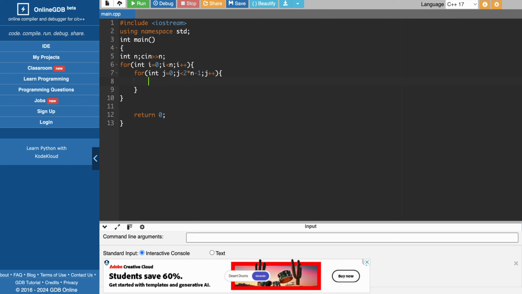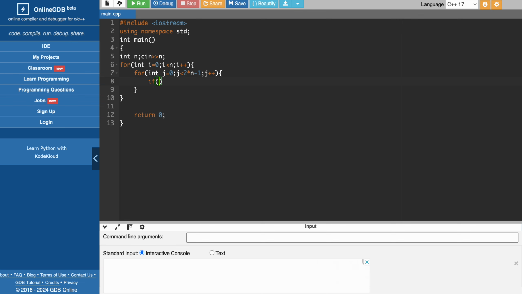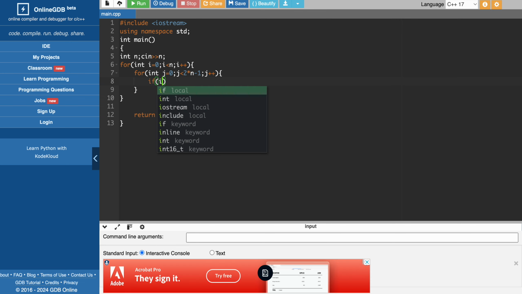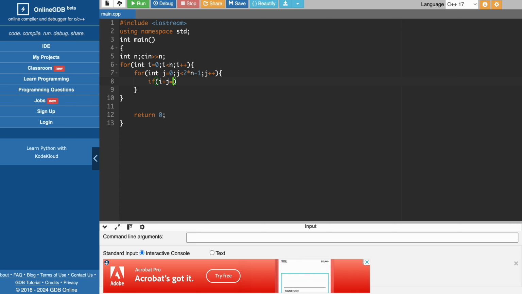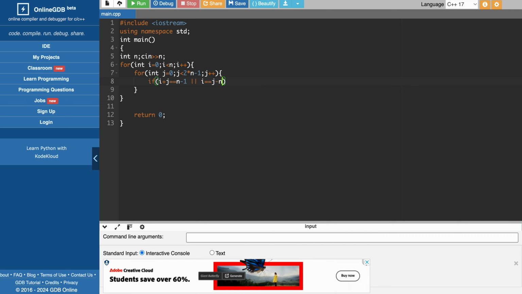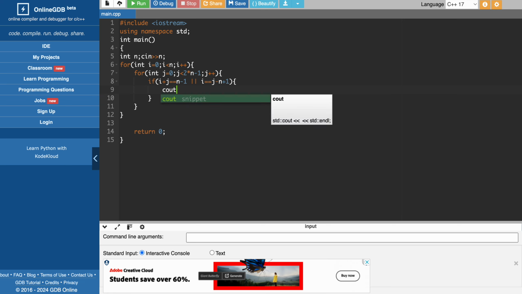Then I'll put conditional checks for a statement. For printing a pyramid, if i plus j equals n minus 1, or i equals j minus n plus 1, over here, I'm going to cout x.